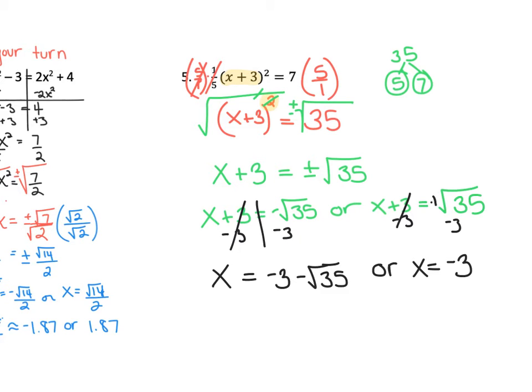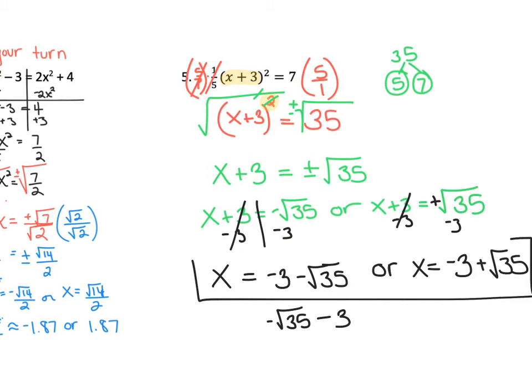There would be understood to be a positive in front of this, so plus root 35. Okay, now you'll see some kids write this as negative root 35 minus 3. Same thing. It's just that the first form that I wrote it in is more standard in mathematics. Okay, so those are my 2 exact answers.